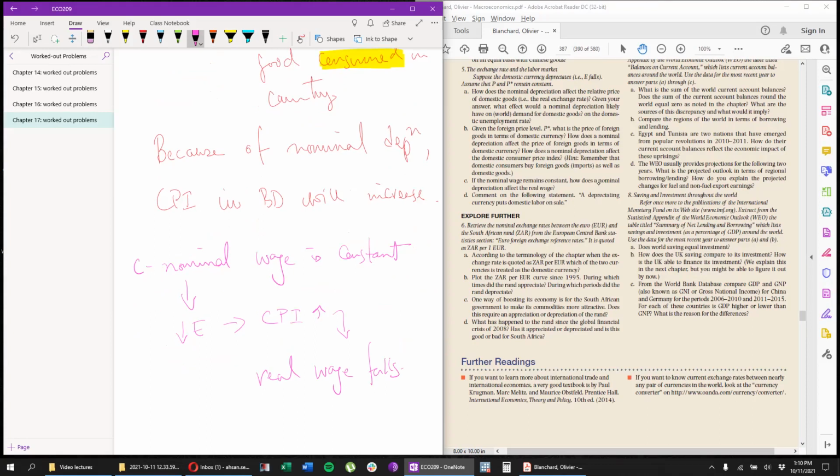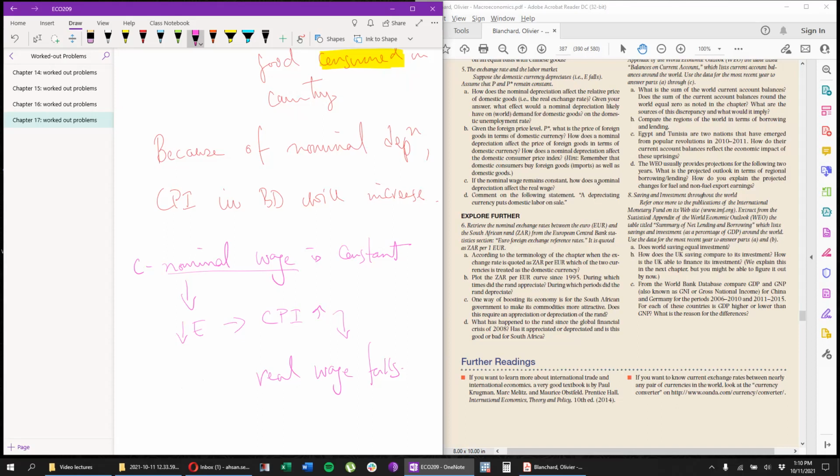I think that's the answer, right? If nominal wage remains constant, how does nominal depreciation affect real wage? Yeah, exactly. So once again, no changes in the price level, no changes in the nominal wage either. However, because of this exchange rate fluctuation, and because we consume a lot of imported goods, our real wages are falling.